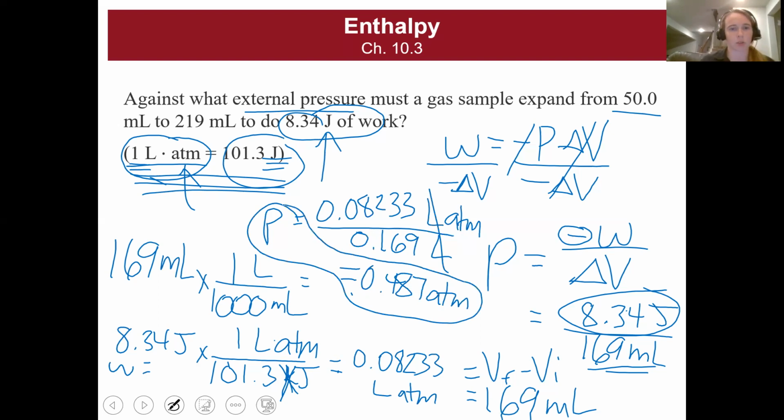So we need to have 0.487 atmospheres pushing on our gas sample for the gas sample to expand from 50 milliliters to 219 milliliters. So it's going to increase in volume and end up doing 8.34 joules of work.